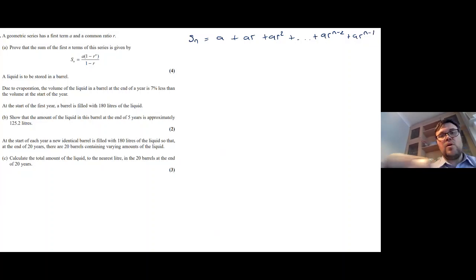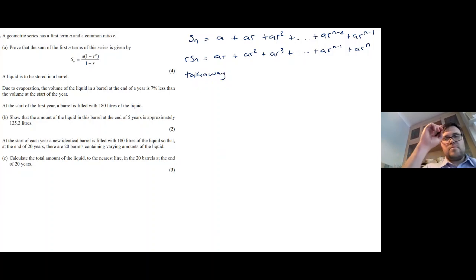Then you would times it all by R. So R Sn equals AR plus AR squared plus AR cubed plus dot dot dot AR to the n minus 1 plus AR to the n. Then you would subtract, so take away. In taking away, you would have Sn minus R Sn. What I would hope you would see in the subtraction is that the middle terms would cancel.